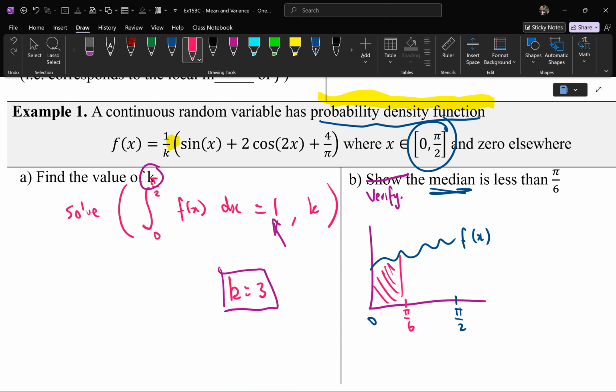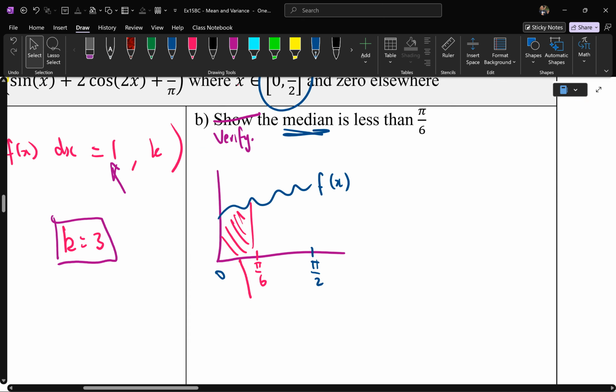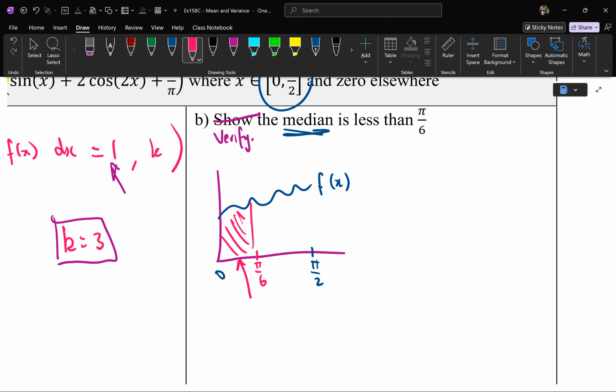Now when you say median, back in year 7 and 8 statistics, what does median mean again? Yeah, it's half. It's literally the middle. So the middle of 1 is 0.5. So what we're saying is, algebraically prove that the area from 0 to pi on 6 is going to be more than half. Because if the median is less than that, it means that at pi on 6, it must be more than 50%.